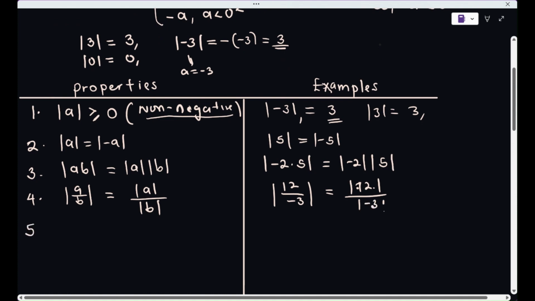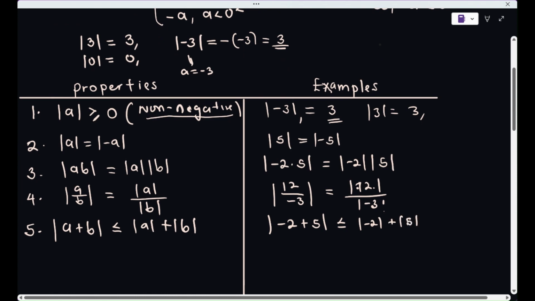Then number 5, absolute value of A plus B. This will always be less than or equal to absolute value of A plus absolute value of B. For example, if you have absolute value of minus 2 plus 5, definitely it is less than or equal to absolute value of minus 2 plus absolute value of 5.